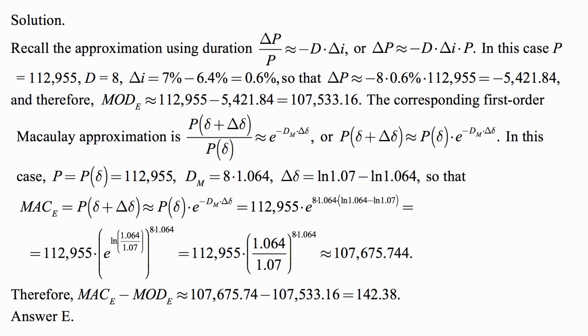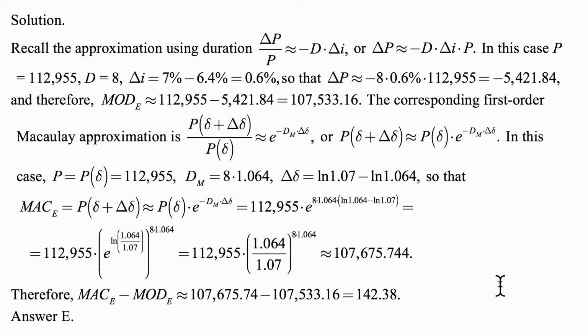And this approximation using the force of interest is the price at delta plus delta delta, which is the current price times e to the minus dm times delta delta, and we just plug in all the numbers. And of course, natural logarithm of 1.064 minus natural logarithm of 1.07 is the natural logarithm of the ratio of them.